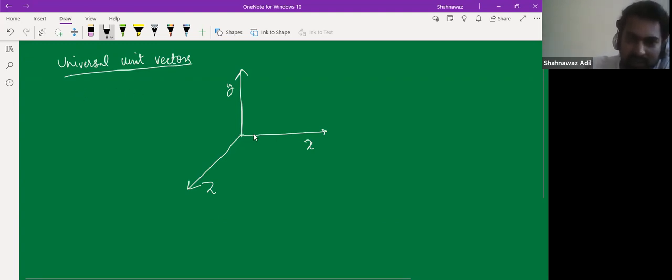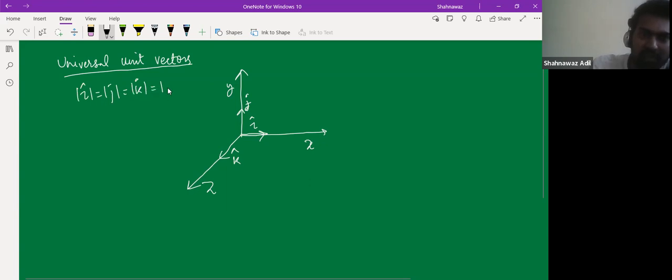So in X direction, you have a unit vector I hat, and in the Y direction, you have a unit vector J hat, and in Z direction, you have a unit vector K hat. So these are called the universal unit vectors. And the property of these vectors are what? Their magnitudes are 1. Okay.